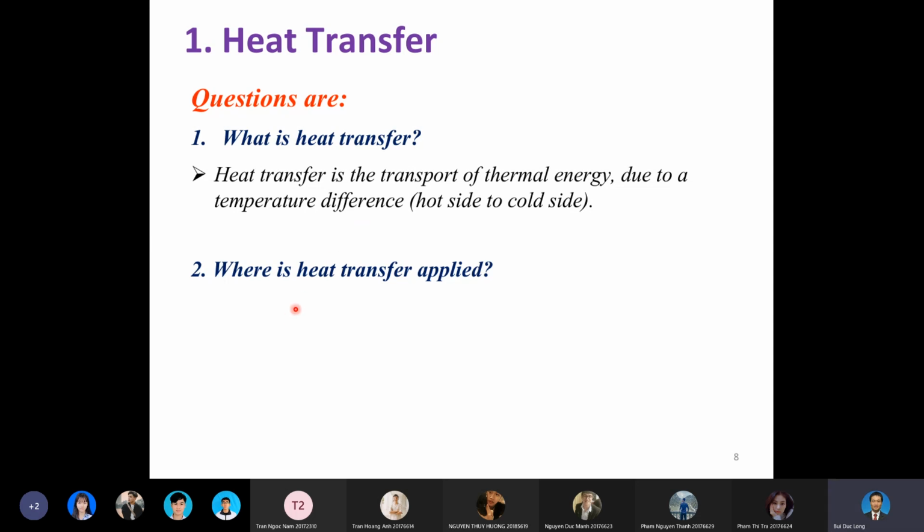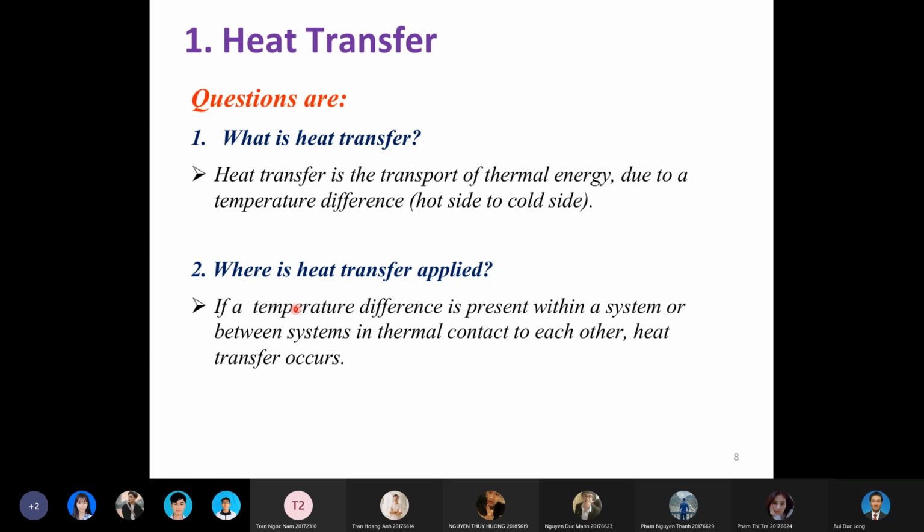So the second question is, where is heat transfer applied? If a temperature difference is present within a system or between systems in thermal contact with each other, heat transfer will occur.